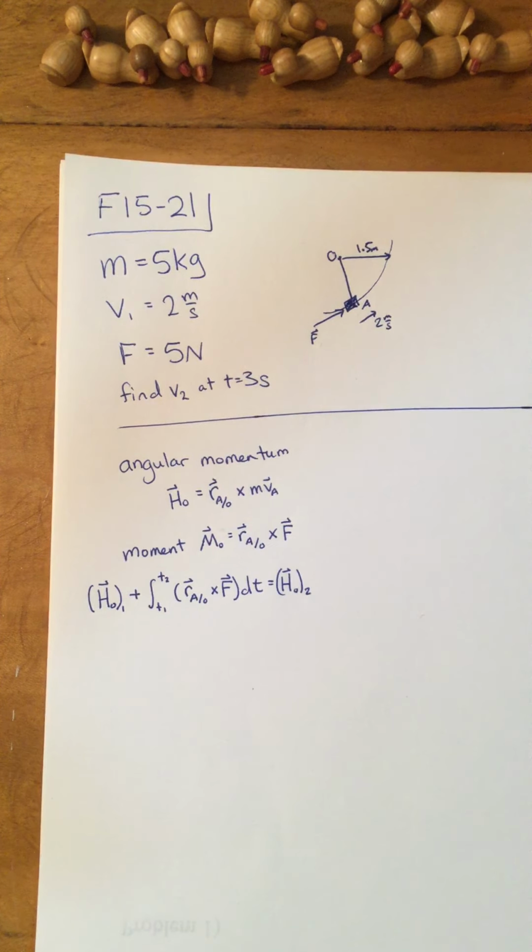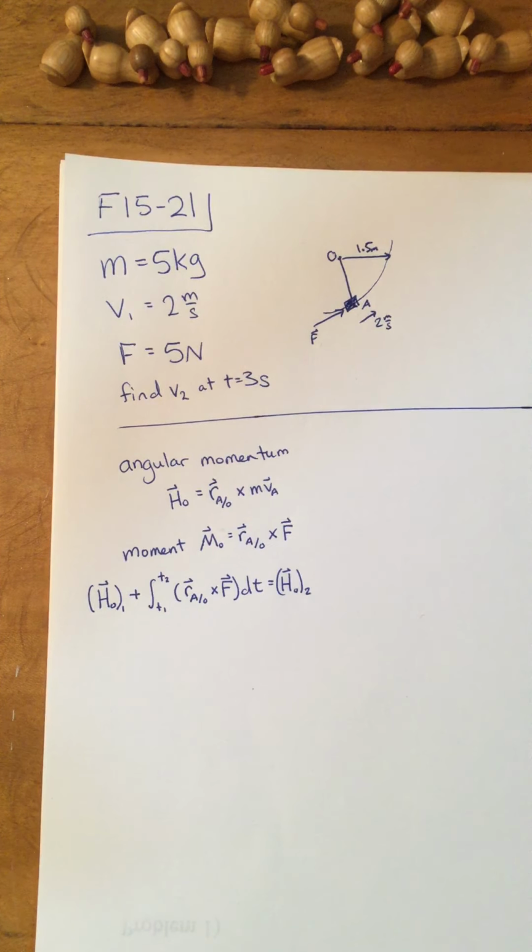So we have the initial angular momentum. It's the vector r, which is going to point to A from the origin. So here's our vector. And whatever direction that vector is pointing in, since it's going from the origin to the location of object A, it's going to be perpendicular to the velocity.